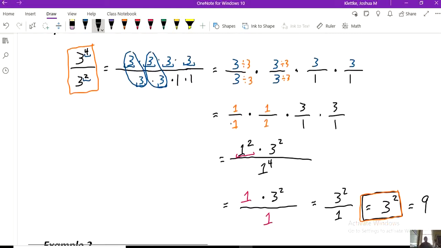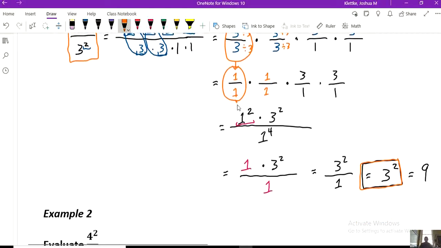Up here, notice how we had 3 over itself, which reduced to 1 over 1, which reduced to 1 squared, which reduced to 1, which eventually was not there anymore.